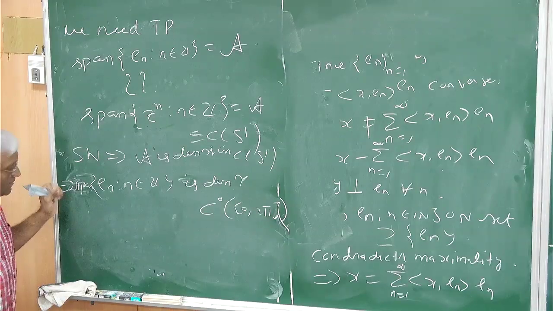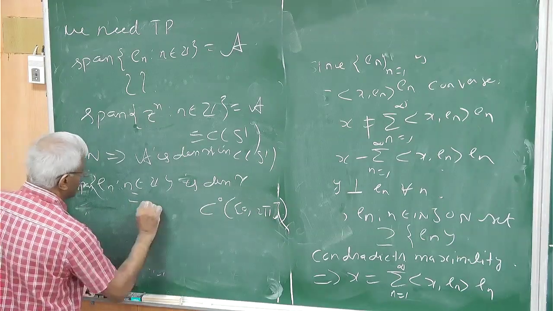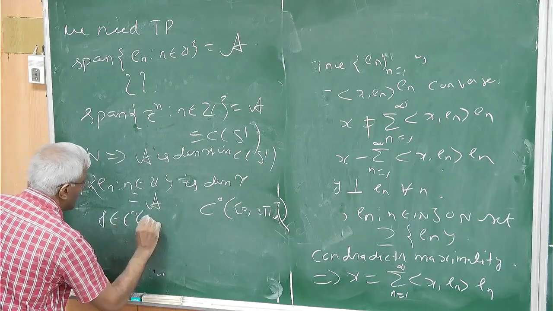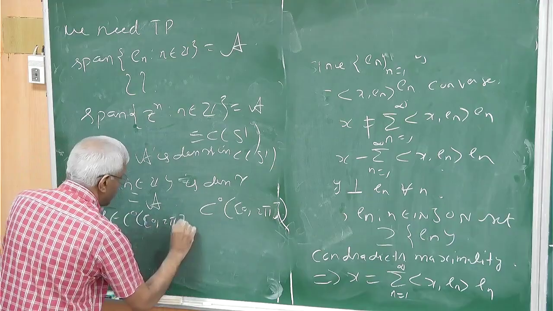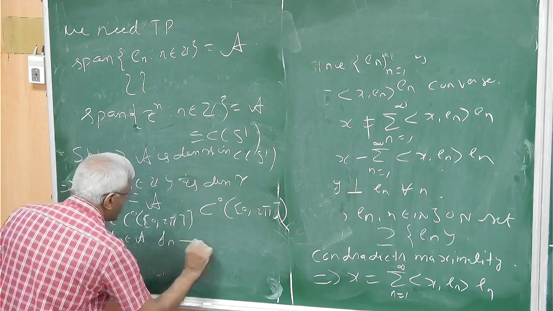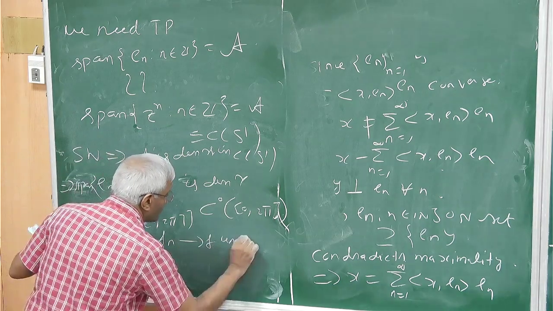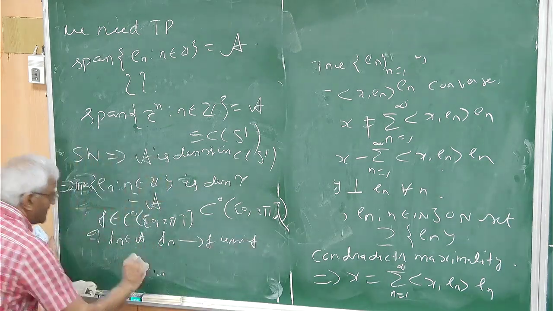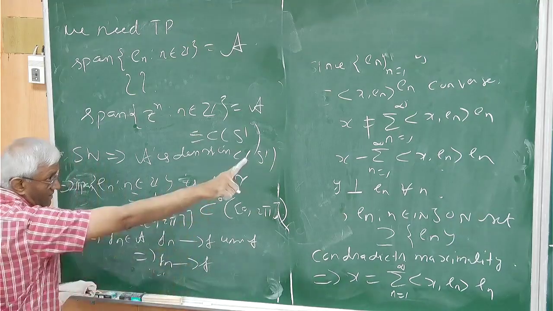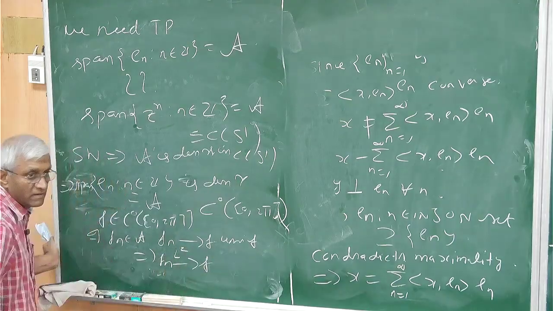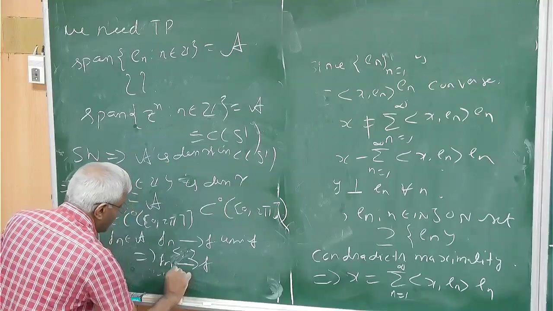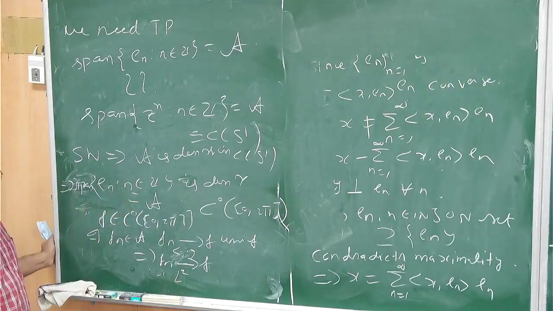You call this again A. So if you have f in C[0, 2 pi], there exists fn in A such that fn converges to f uniformly. But then this implies fn converges to f in the L2 inner product norm. The convergence is in L2.